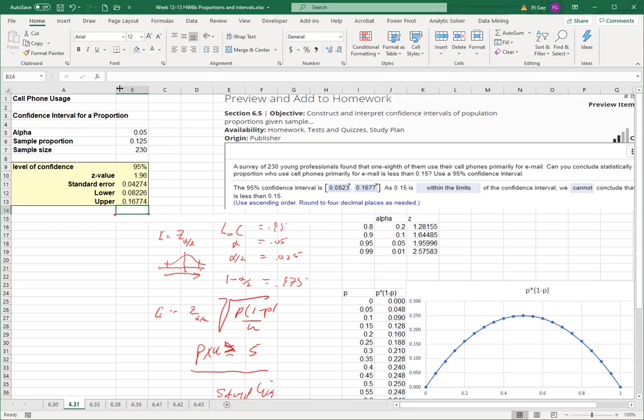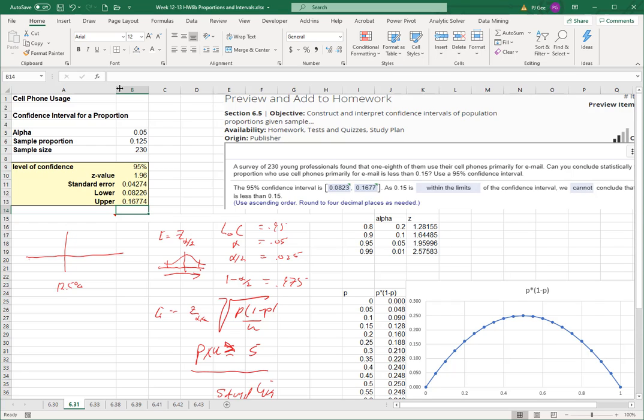So if we put 0.15 on here to draw it, we ended up with, we'll do it in percent, 12.5%.